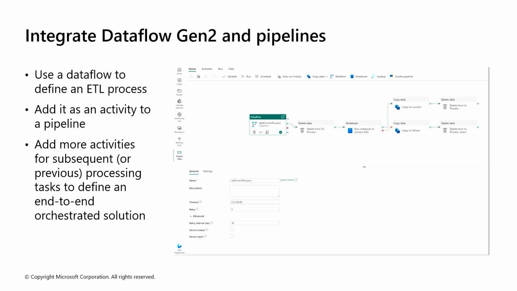Some common activities include copying data, adding a notebook, executing a script or a stored procedure, and so much more. Pipelines provide a visual way to complete activities in a specific order. You can incorporate a data flow into a pipeline to orchestrate extra activities, like execute scripts or stored procedures after the data flow is completed.